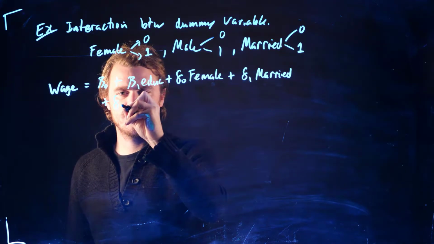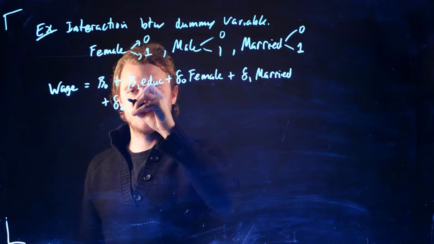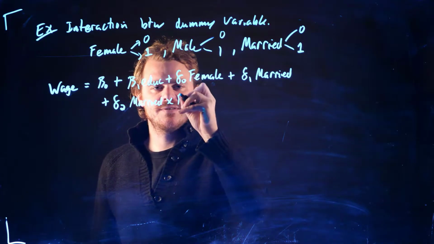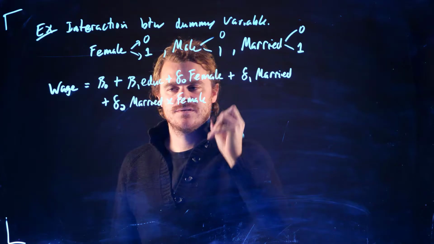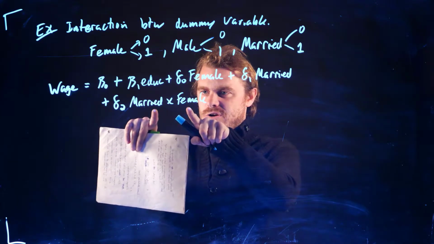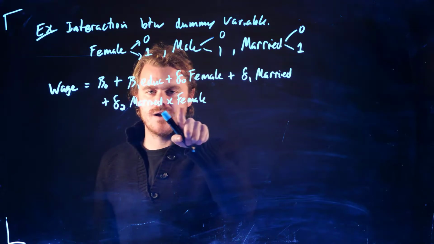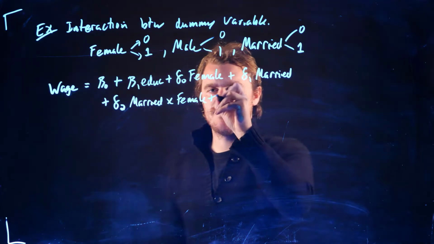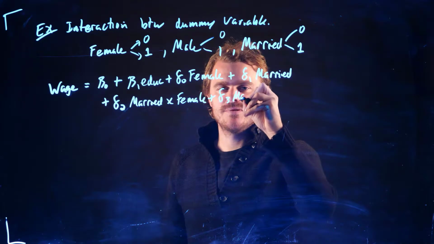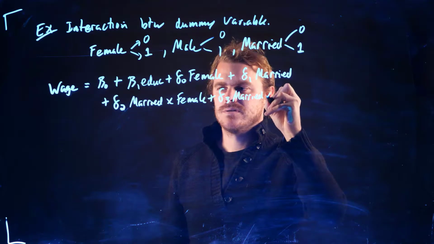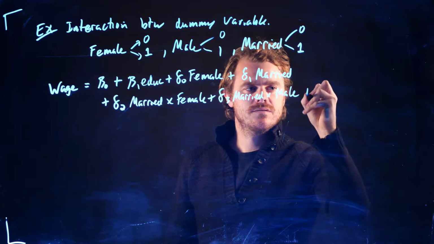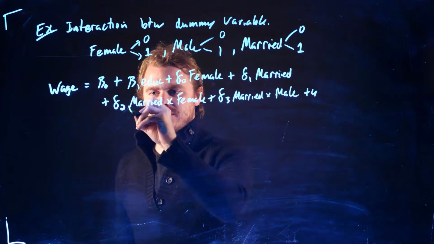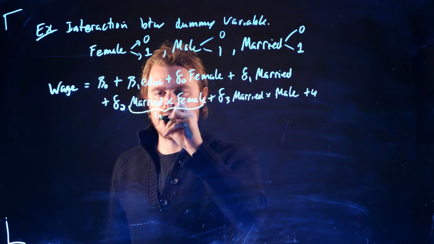We're going to have a third one, which is married times female. So here's this interaction between two dummy variables, married times female. Then we could have another one, which is married times male. And so these two variables, this is an interaction.